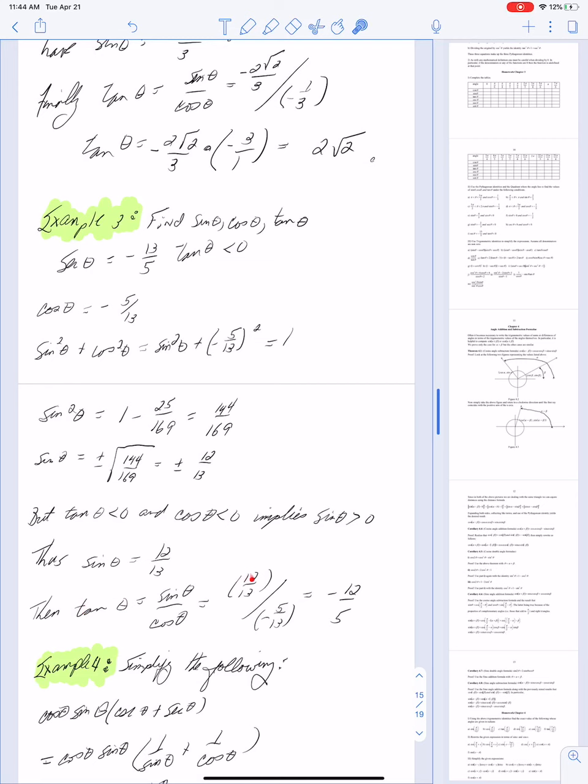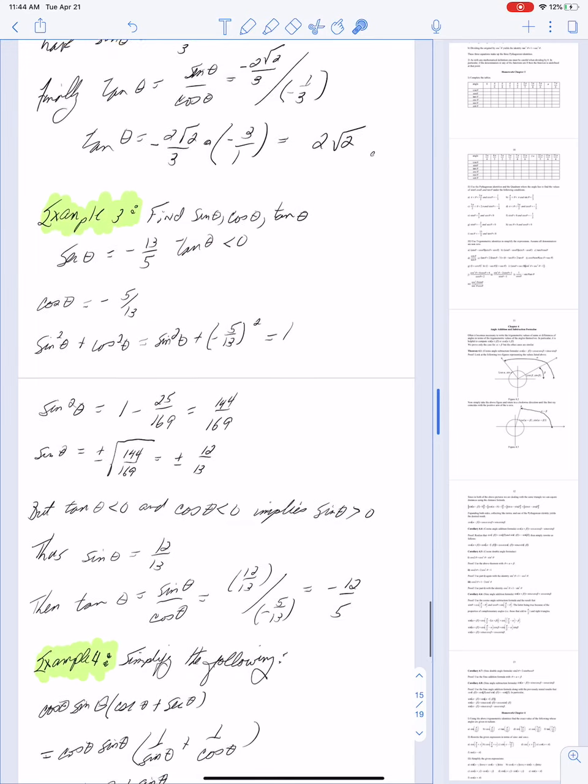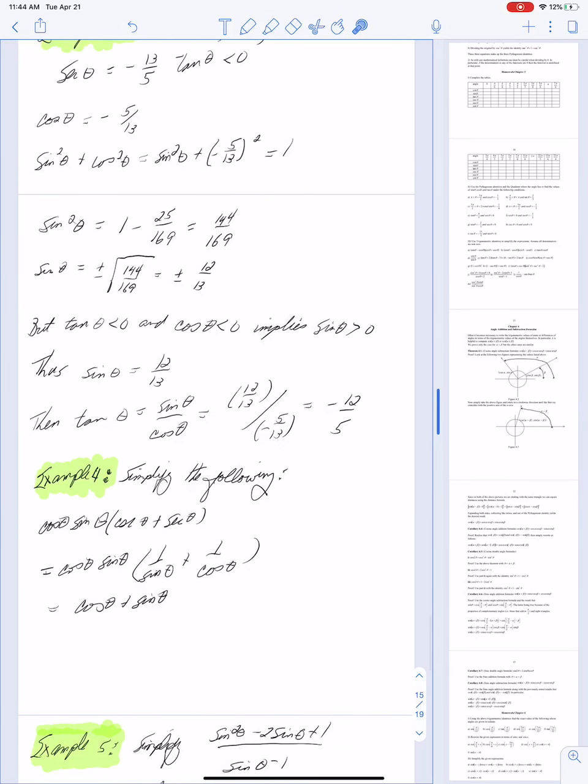Sine was 12 divided by 13. Cosine way up here was minus 5 over 13. And when I clean things up, I get a tangent of minus 12/5, which makes sense. Tangent should be negative. All right, so there are a couple of examples of how you can use the Pythagorean identities to find other trig values if I give you enough information.